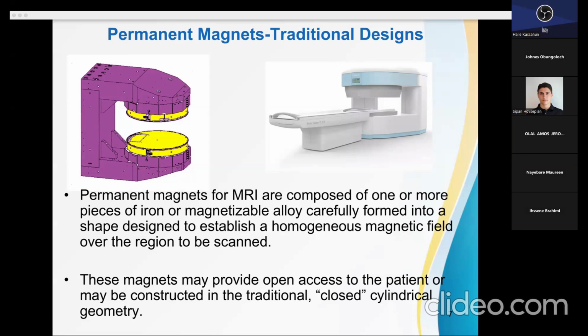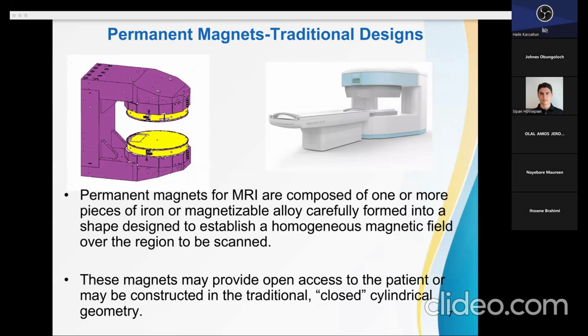They are composed of either one piece, a big block of magnet, or several pieces arranged in a certain way to achieve a certain magnetic field strength and volume.